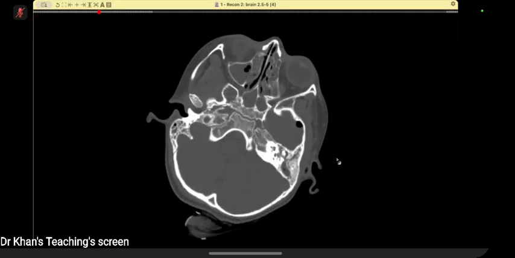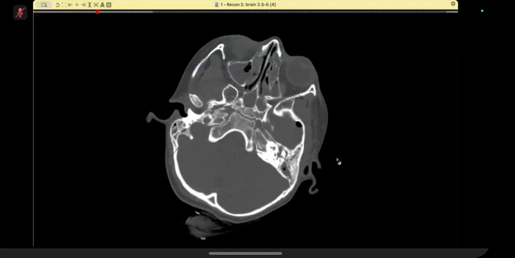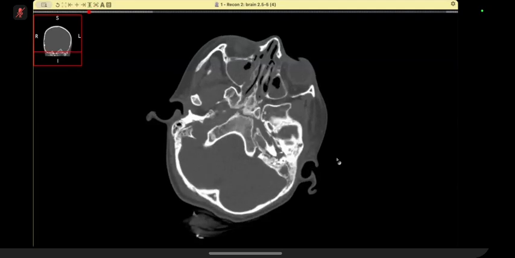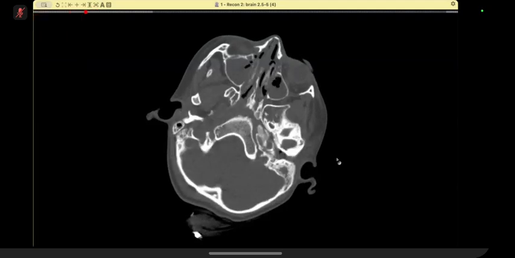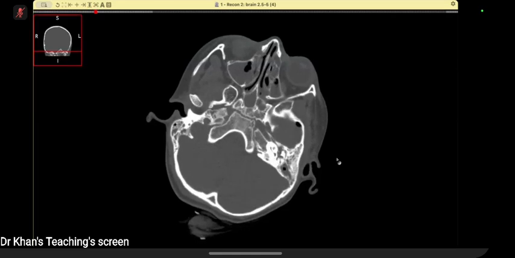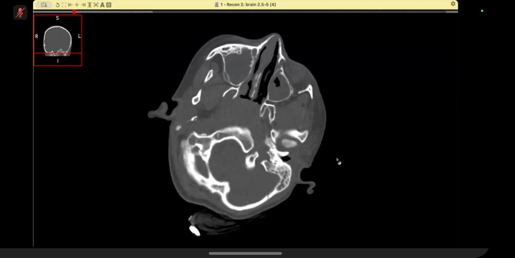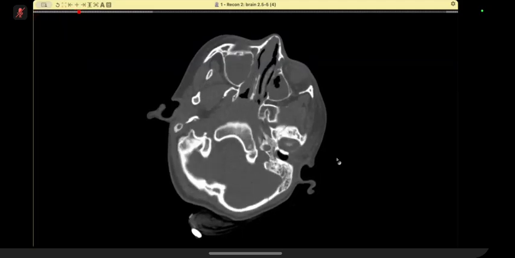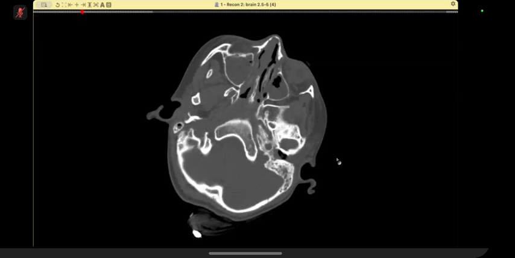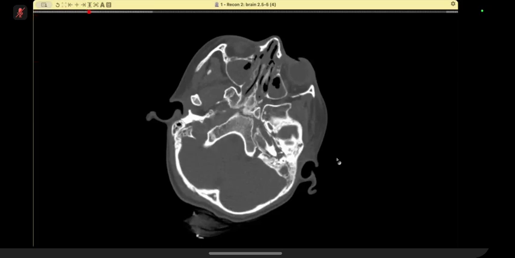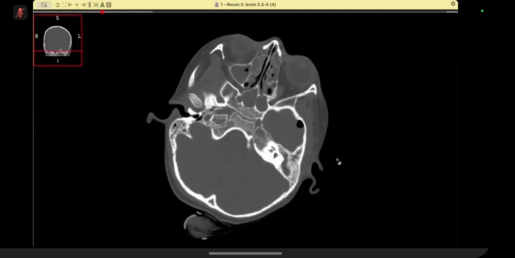Also complete opacification of the middle ear cavity, and there is opacification at the mastoid antrum. Also there is sclerosis of the left petrous bone and mastoid air cells. There is mild thickening of the tympanic membrane and retraction. Could be otomastoiditis complicated with intracranial extension of air.